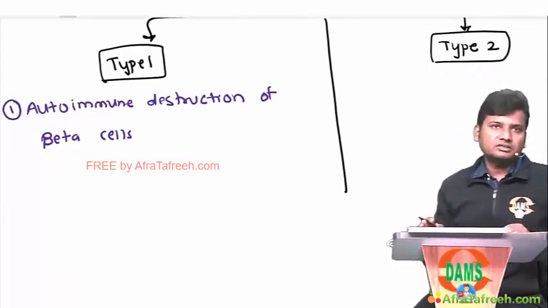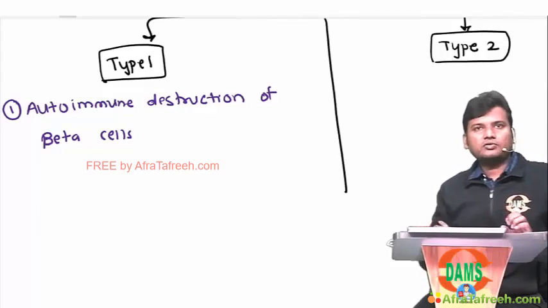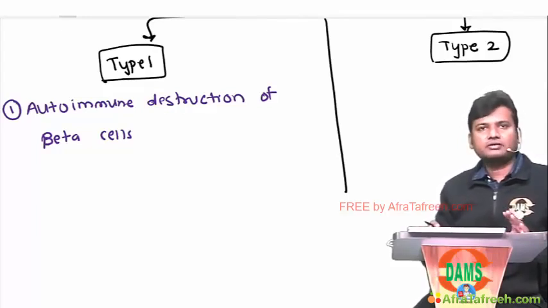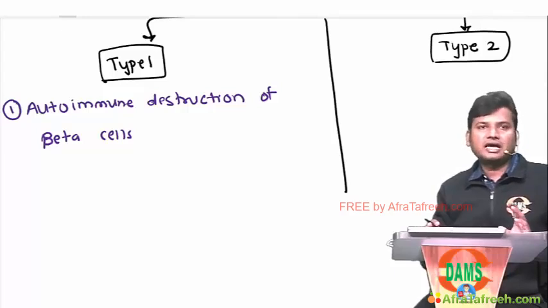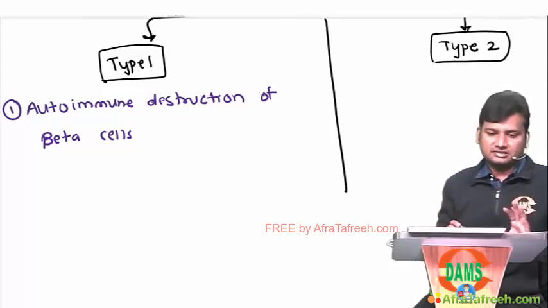The names of antibodies which are responsible for type 1 diabetes. A lot of antibodies are present; on the internet you will get a number of antibodies. But which antibodies are important? The antibodies which are given in Harrison. So we will write only antibodies which are given in Harrison.